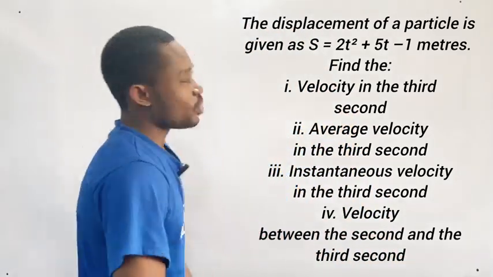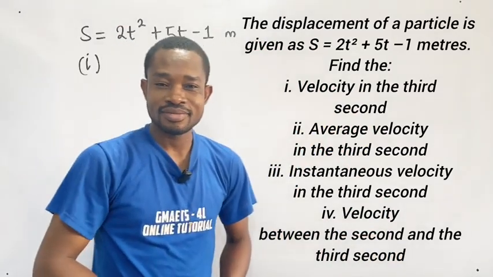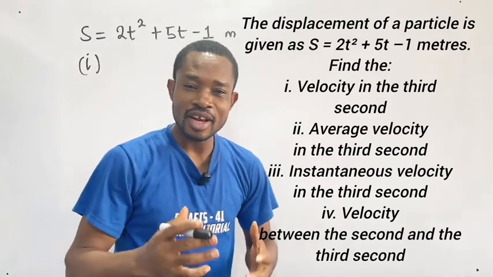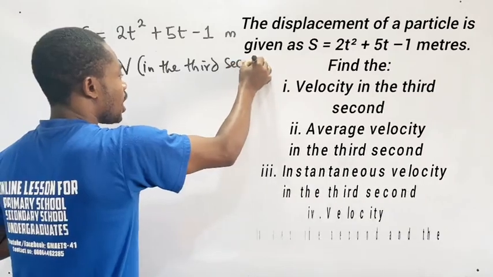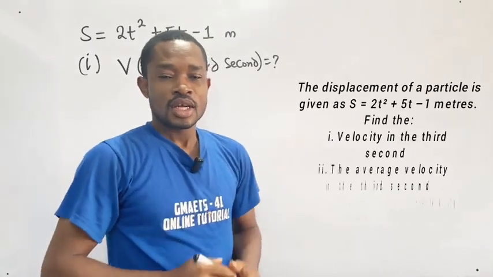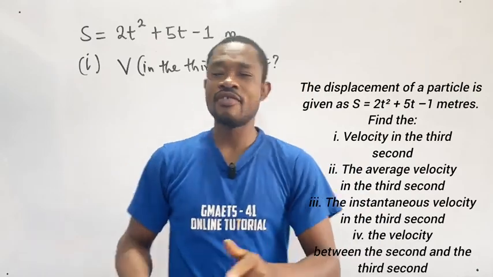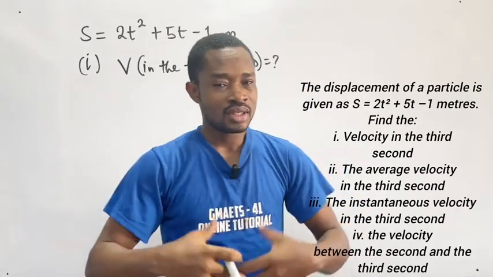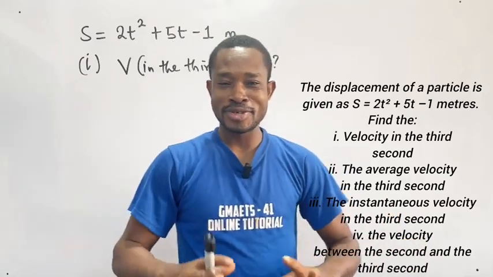Remember, we are given a function. We are required to find the velocity in the third second. Now, how do you solve this problem? It's pretty cool. You notice that your examiner did not specify the velocity to find here. He said, get me the velocity in the third second. Now, this is what you should know about velocity.